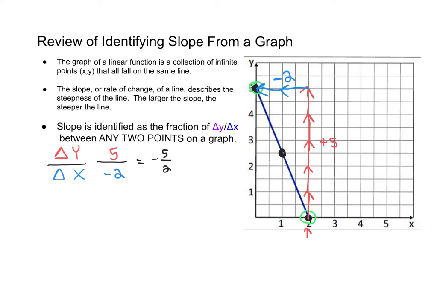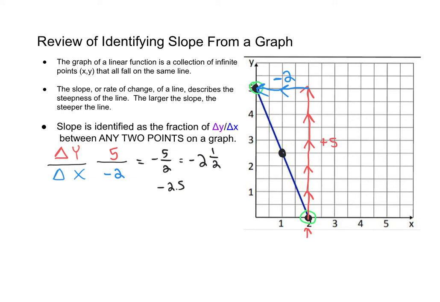Or we could write that as -2 1/2. Or you could write that as -2.5. All of those are equivalent. That is our slope, our change in y divided by our change in x.